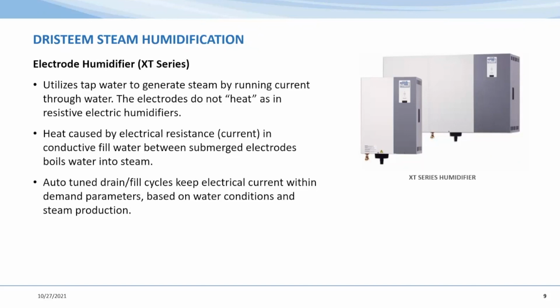And then it's auto-tuned to have that drain fill cycle. We have released new features to this product regarding mini drain. So we're not constantly draining that full tank down and then trying to get it back up to capacity.